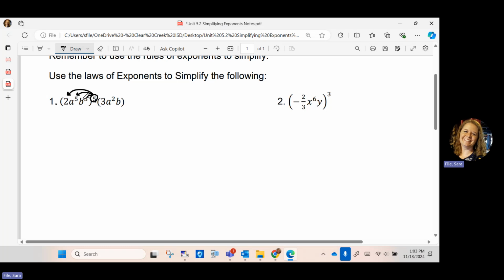All of that is being raised to the 5th power because it's all inside the parentheses that the 5th power is on. So the 2 is raised to the 5th power. The a to the 5 is raised to the 5th power. And the b to the 3rd is raised to the 5th power.